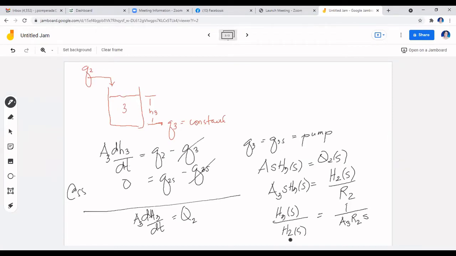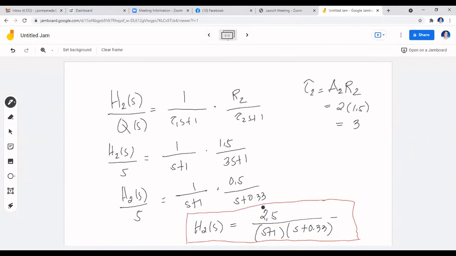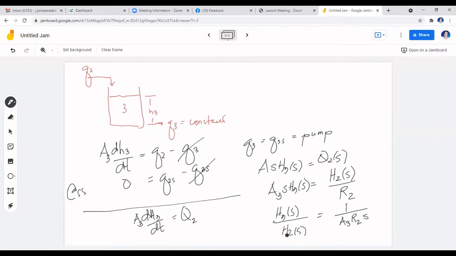So what SOC gave us is correct because in this case we have already converted the Q sub 2 of S in here, which should be in the original form of the transfer function of a liquid level system with constant volumetric outflow into level. That way we can manipulate it together with this. Okay? So what SOC gave is correct. Now we just converted the Q sub 2 of S.